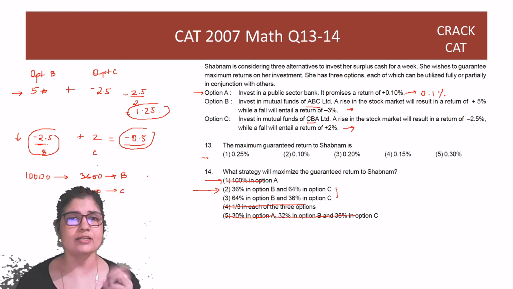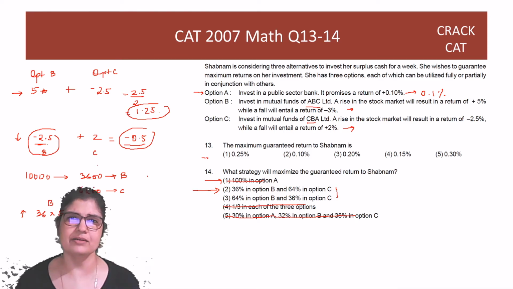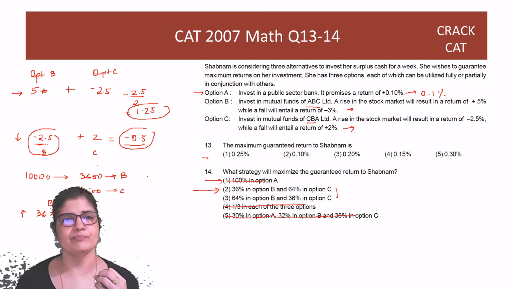So what is the total that you are getting? Okay, if the market goes up, you are making 36 into 5 in the B option, B stock, because you have 3600, right? Each 100 is giving you 5 rupees. In C, you're making 64 into minus 2.5, a loss.